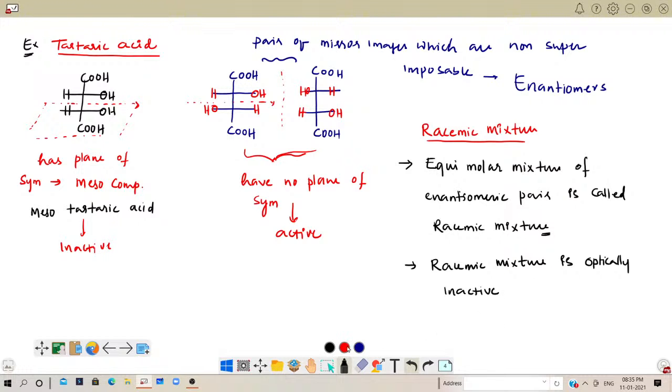Why is it optically inactive? This is an important point. It is due to external compensation.